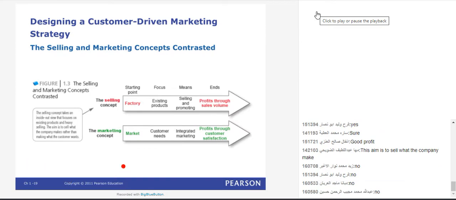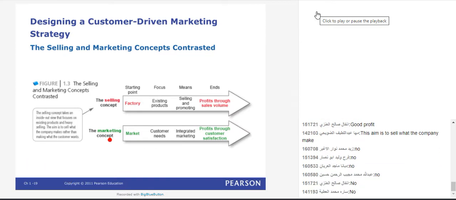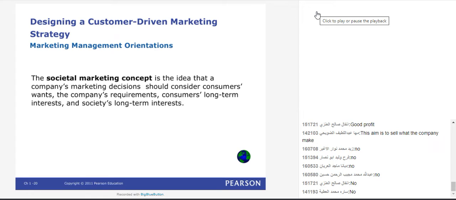Okay, you know what? This is not the end of marketing. Another concept was introduced. Yes, this is called the societal marketing concept. What is the societal marketing concept? Okay, before I tell you this, I tell you that before, the only concern of business was to make profit. I will try to draw for you, but excuse my bad drawing.